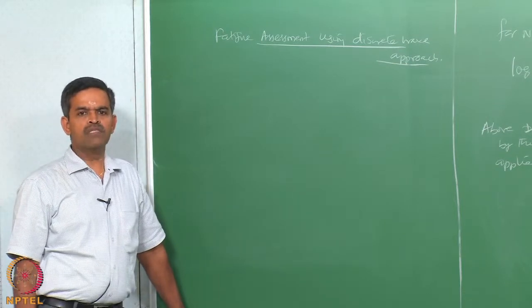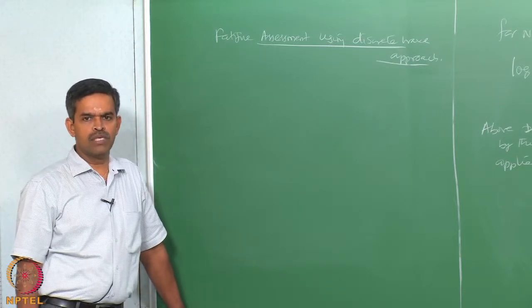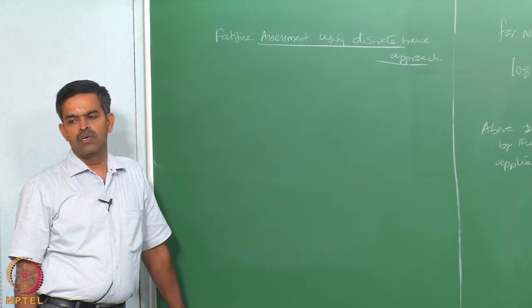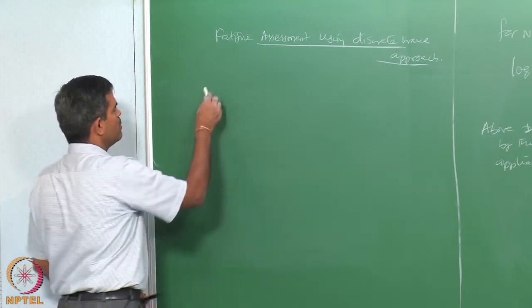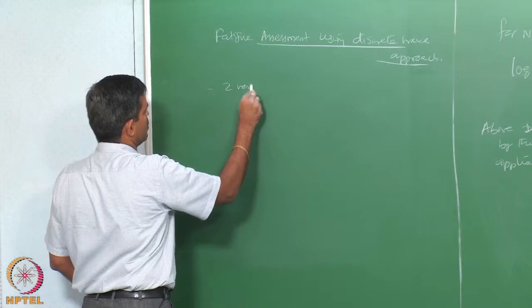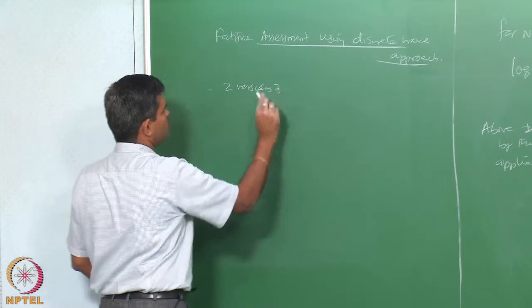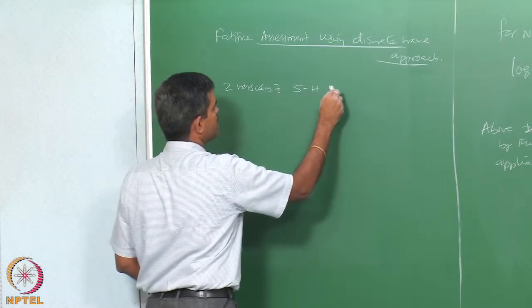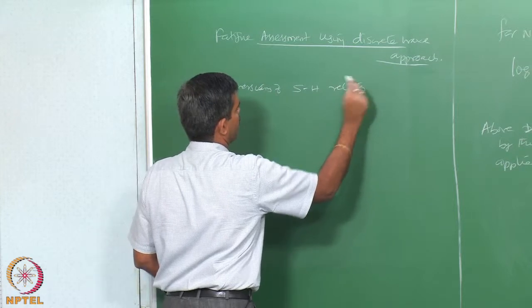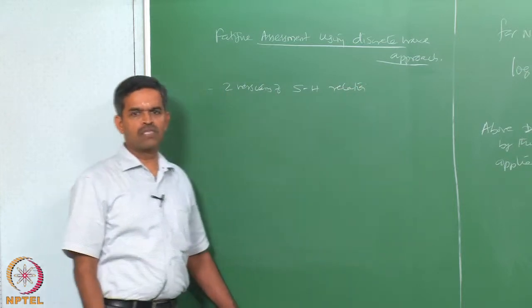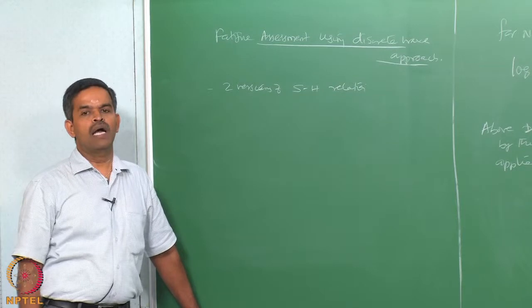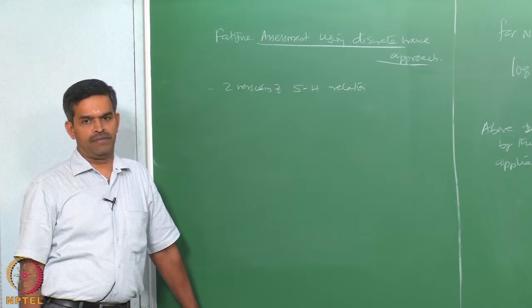To enable faster fatigue calculation using the discrete wave approach, people have suggested two versions of the SH relationship, where S stands for the stress range and H stands for the wave height.